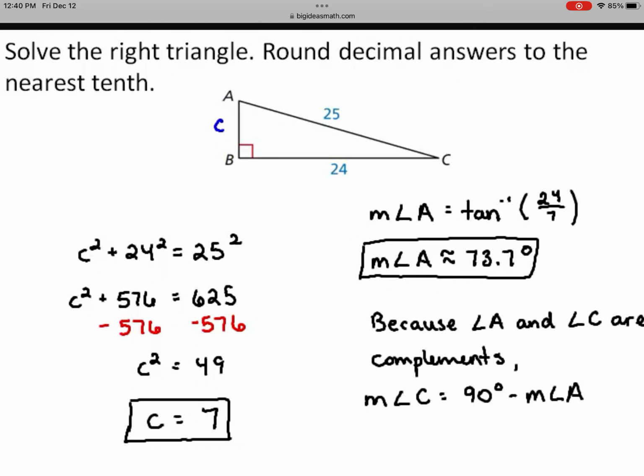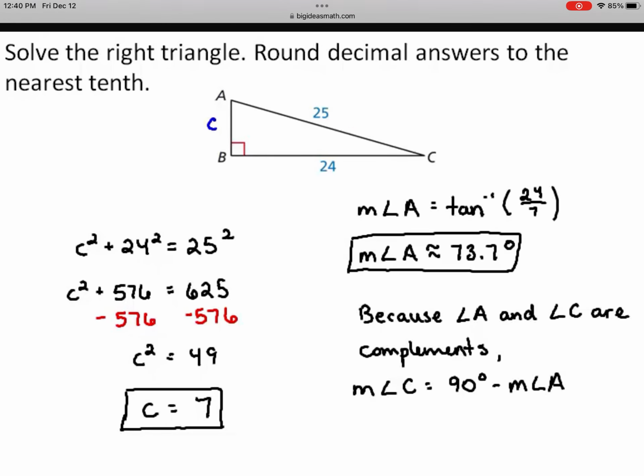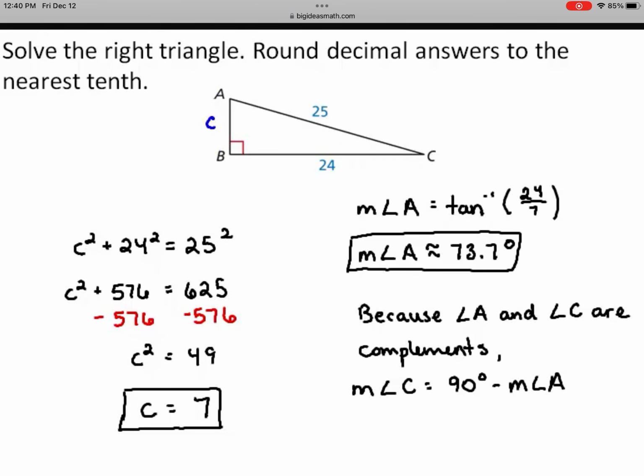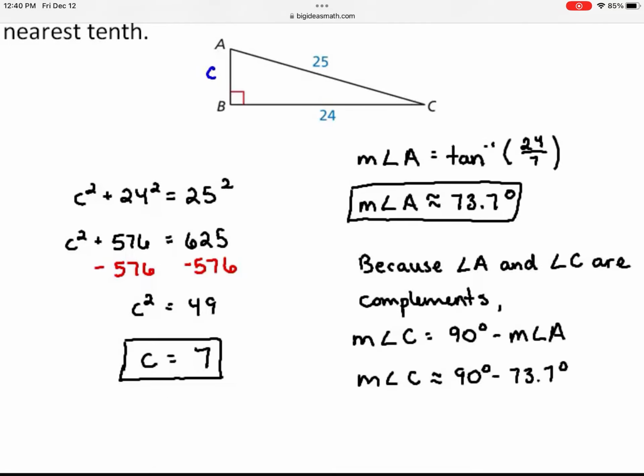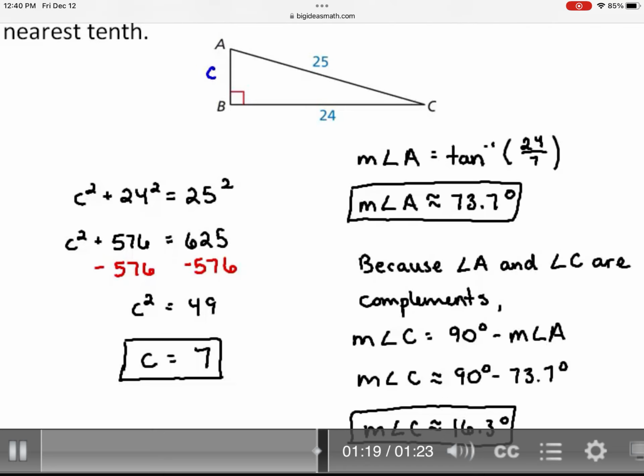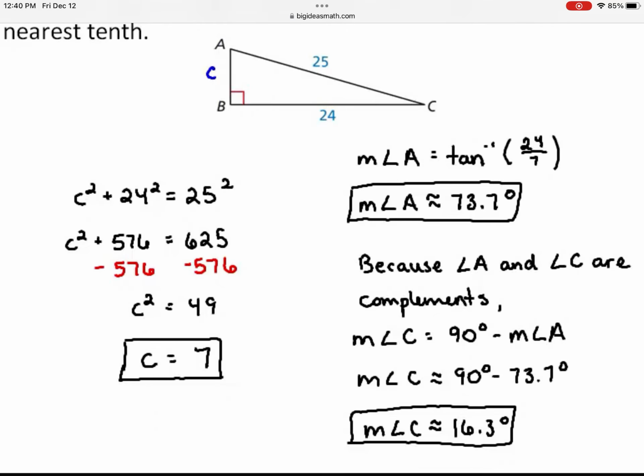Then because angle A and angle C are complements, the measure of angle C equals 90 degrees minus the measure of angle A. Substituting in the value for the measure of angle A gives that the measure of angle C is about 90 degrees minus 73 and 7/10 degrees. So the measure of angle C is about 16 and 3/10 degrees. So you have solved the right triangle.